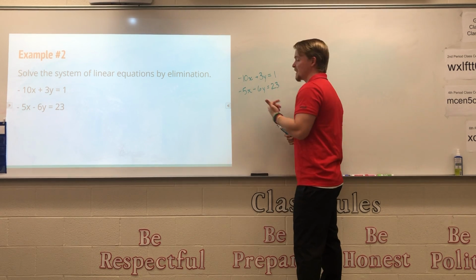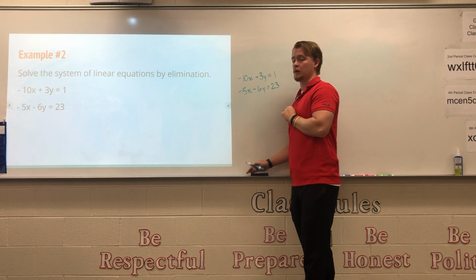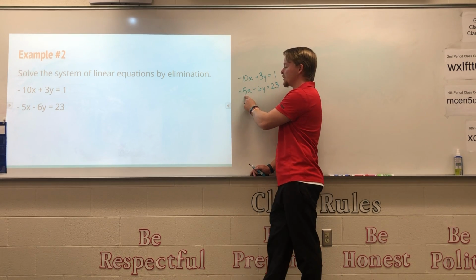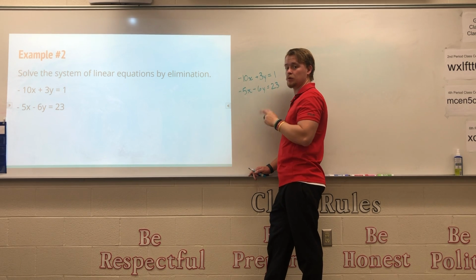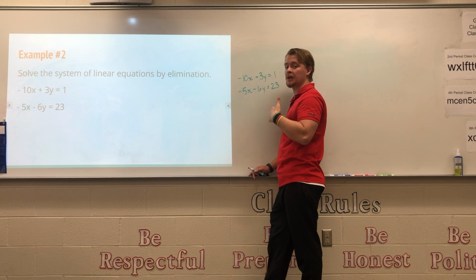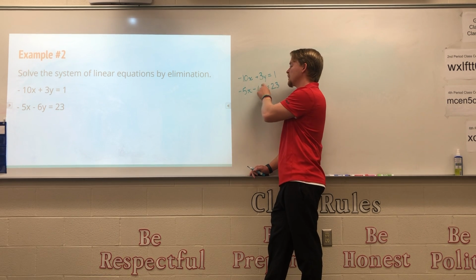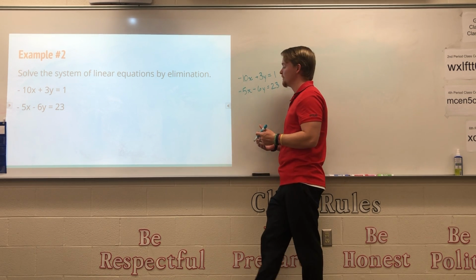So the first thing that catches my eye is the -10 and -5. I know that if I multiply -5 by 2, that will give me -10, and those will be the same coefficients. So that's the option I could use. Obviously, you could also do something with the y's, but either is fine. As long as you do the math correctly, it'll work out.